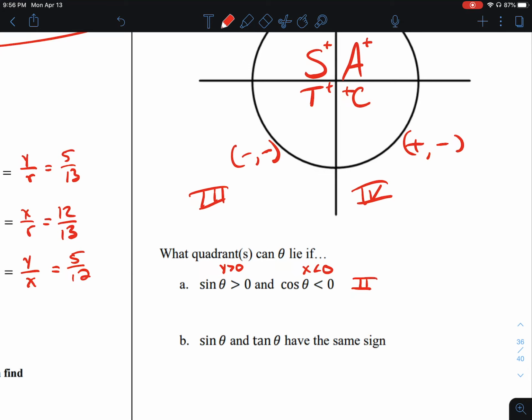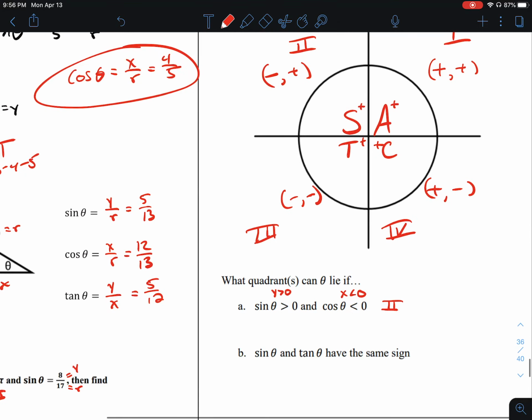B, sine and tangent have the same sign. Well, sine, tangent, and cosine are all positive in quadrant 1, so they have the same sign in quadrant 1. Quadrant 2, sine's the only positive thing, so sine and tangent can't have the same sign.